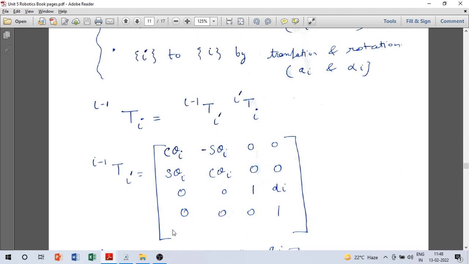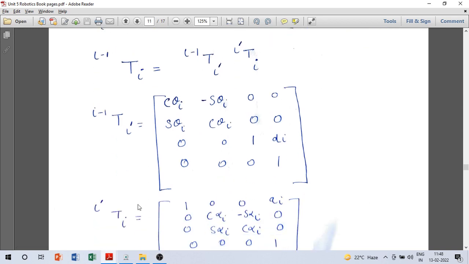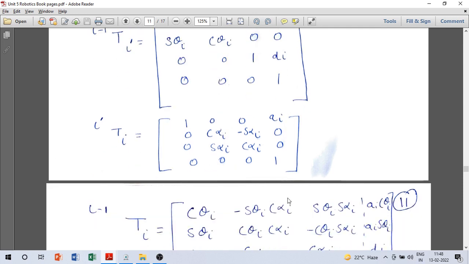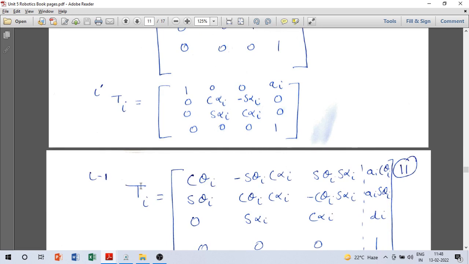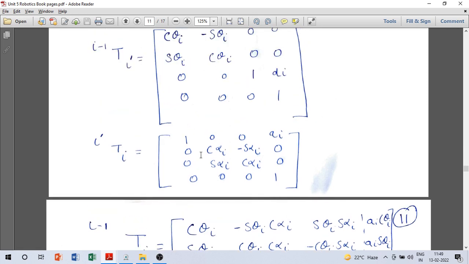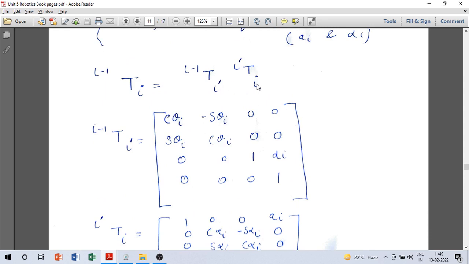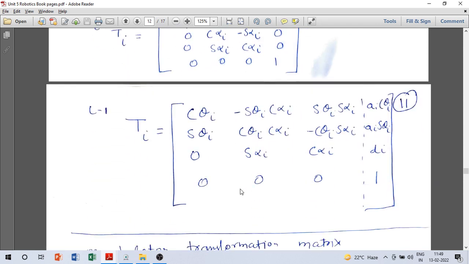Similarly you can write this I dash T I based on ai and alpha I. You'll get this matrix. Then this I minus 1 T I you will get by multiplying these two matrices, and their order is important. The order has to be this. You cannot switch the order, then it will be a different thing. So you multiply them and you end up with this matrix.